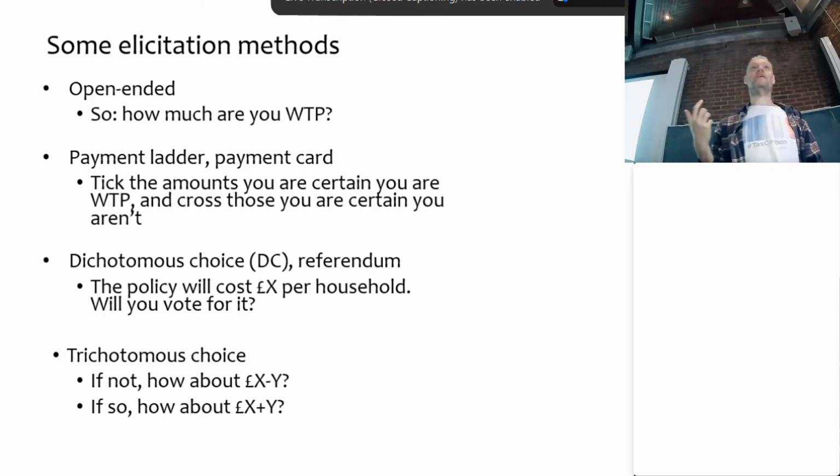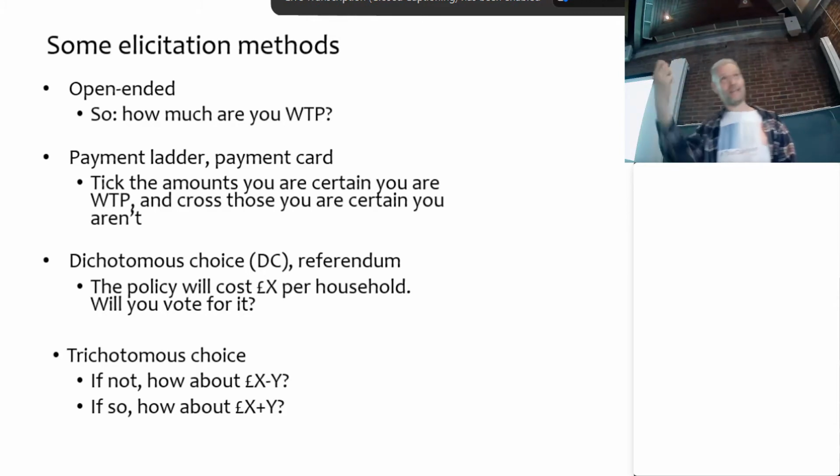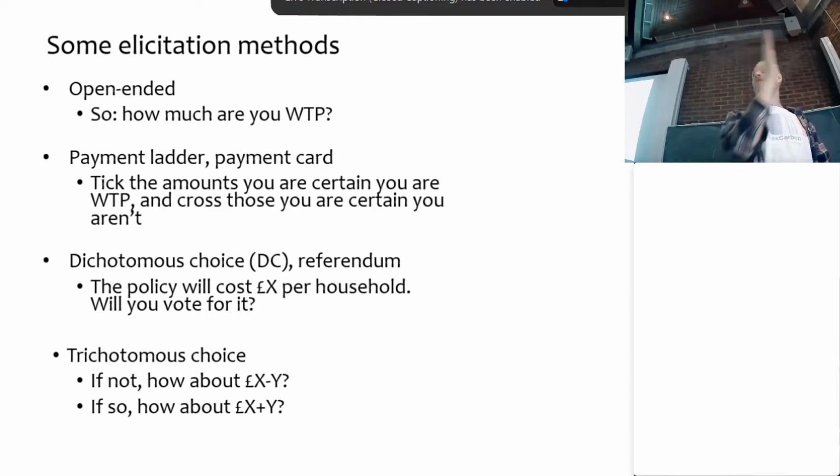Yes or no? And if you say yes, then the second question comes, are you also willing to pay 15 pence per liter of milk? And then the answer is yes or no. And if they said no to the 10p, you go back to them and say, what about 5p, right?